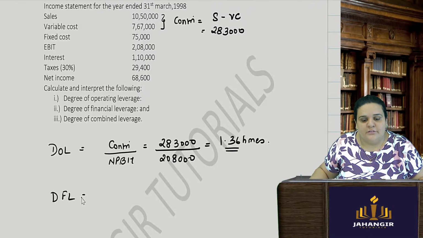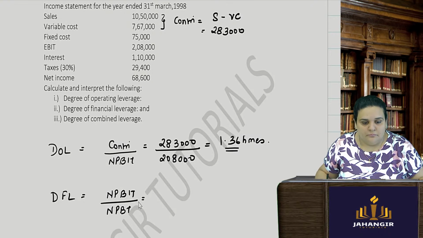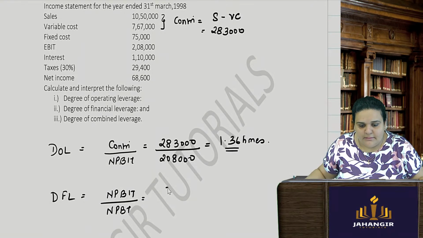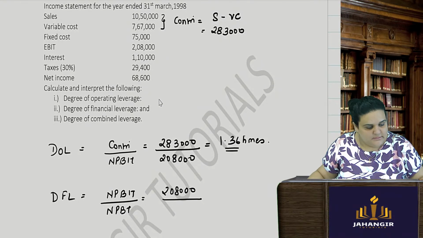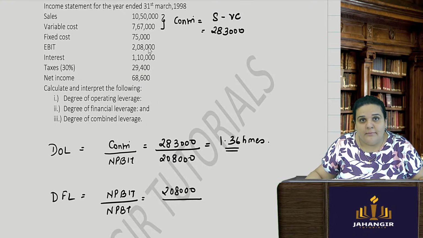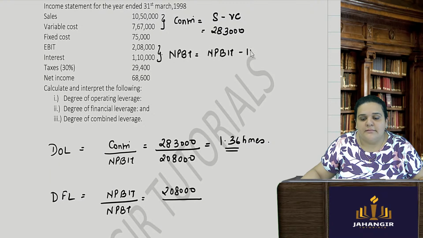Degree of financial leverage, the formula is NPBIT upon NPBT. They have given us NPBIT 2,08,000. NPBT means net profit before tax. Net profit before tax is nothing but NPBIT minus interest.